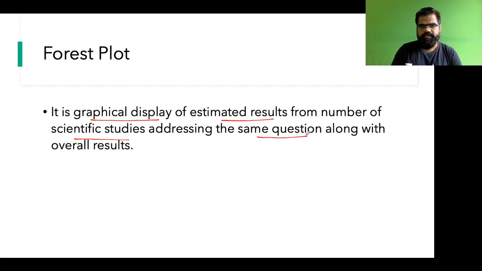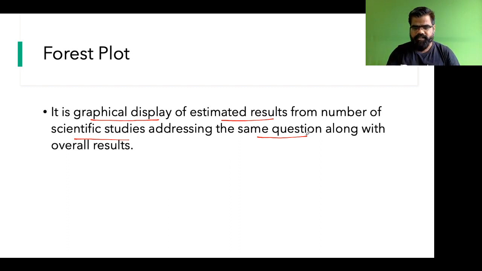The topic on which the studies have been done, or the question, is the same. There can be multiple studies I have done, you have done, somebody else has done. When I'm doing a meta-analysis, I pull out all those studies and try to analyze them. And when we plot those studies, it is called a forest plot.